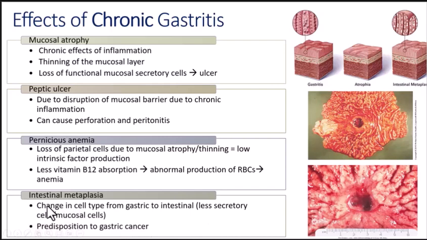This is where your stomach cells, your gastric cells, start to resemble intestinal cells. And these intestinal cells, this new cell type, doesn't have the same secretory function, the same ability to produce mucus, among other things, as the original gastric cells do.